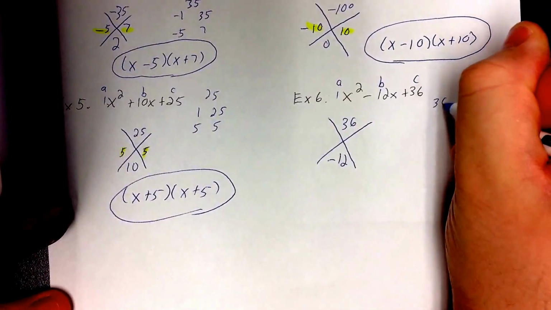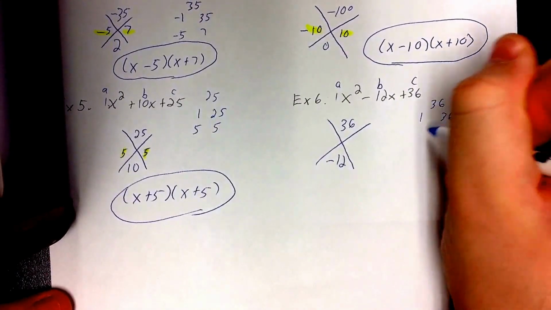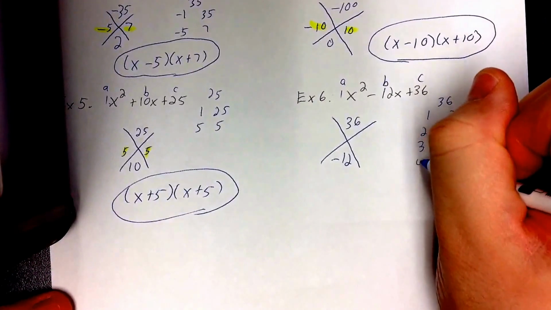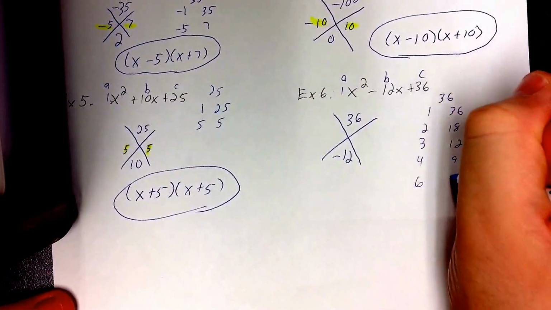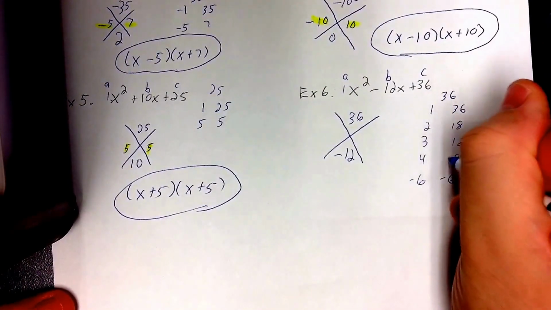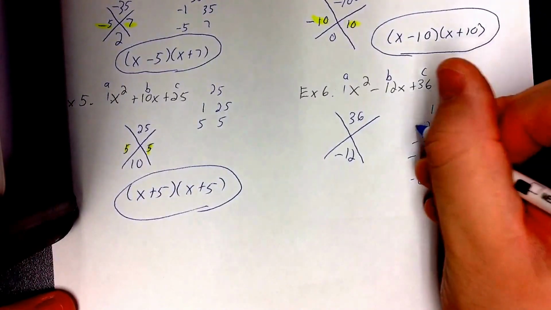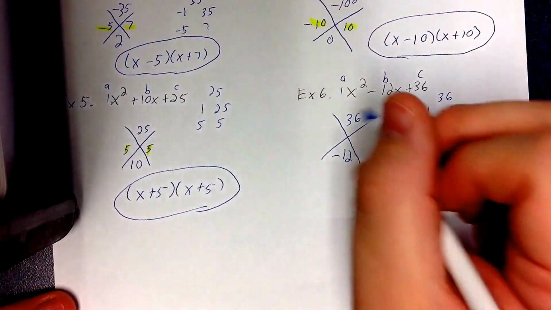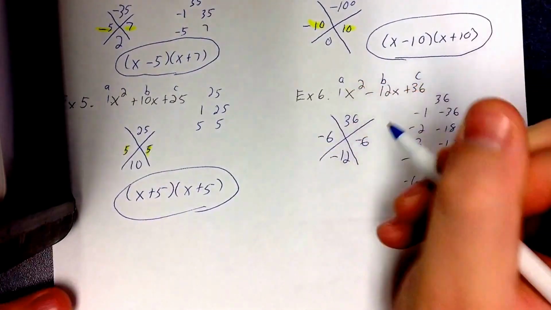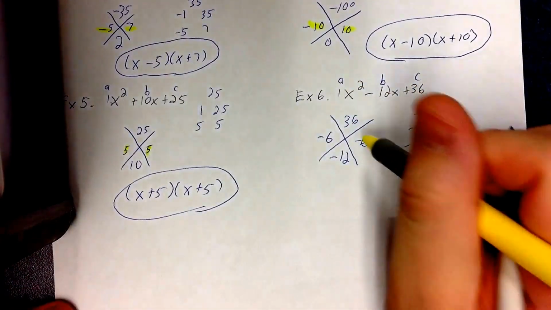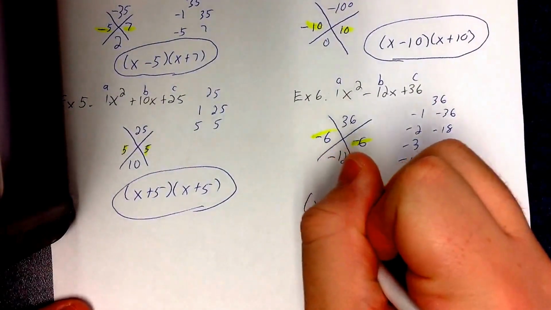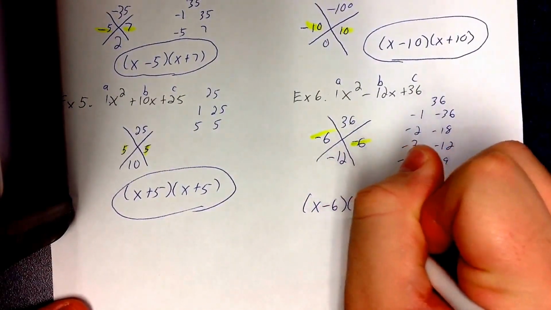So if I look at 36, well, 1 and 36, 2 and 18, 3 and 12, 4 and 9, and 6 and 6. But again, I know both side numbers are negative, so then I need to pick out the one that adds up to negative 12. And that's negative 6 and negative 6. So I get x minus 6 times x minus 6.